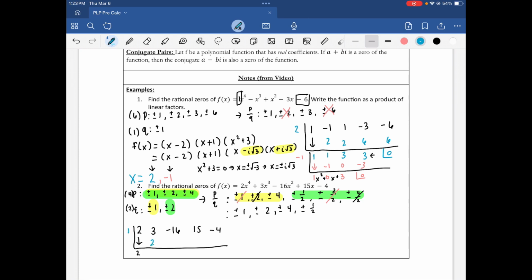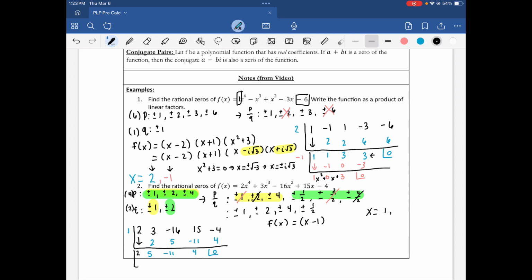So if I multiply, add, multiply, add, multiply, add, multiply, add one more time, we have a remainder of 0, which means that that is a good value. So I'm going to start off my list. My x's are going to equal, we've got a 1. So my first factor is x minus 1.